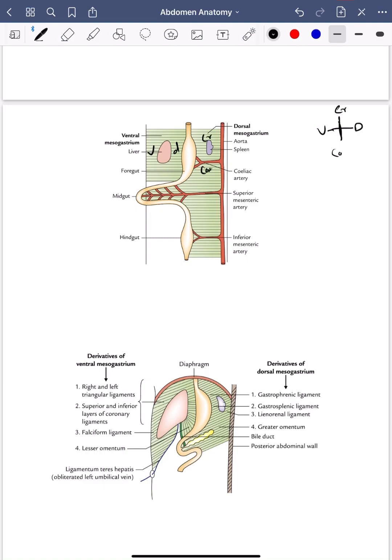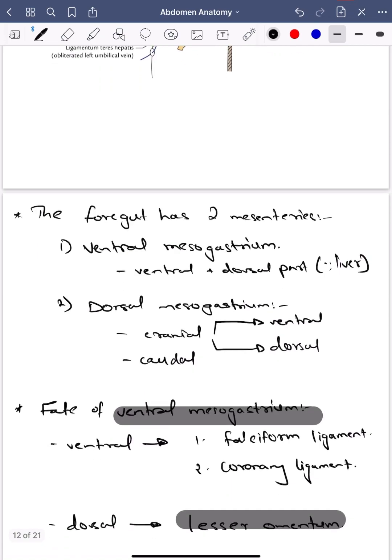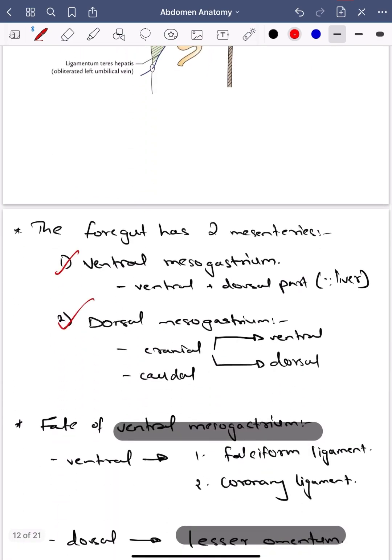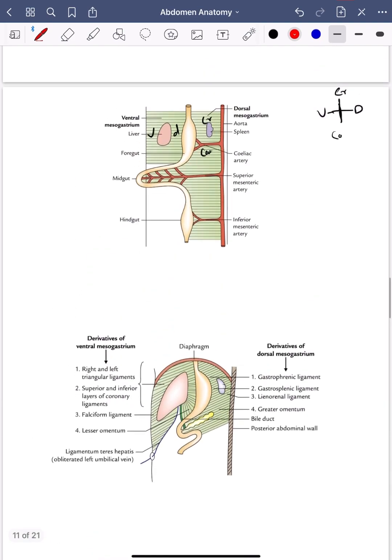So the foregut has two mesenteries, the ventral mesogastrium and the dorsal mesogastrium. Now, if you see from the diagram, the cranial part is again divided into a ventral and dorsal part because of the developing spleen. Now what happens is, this here gets converted into the diagram below.